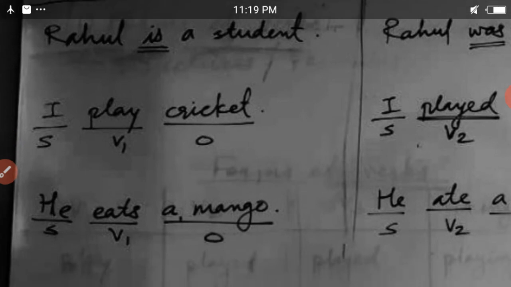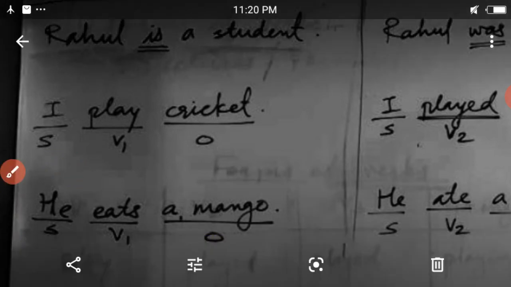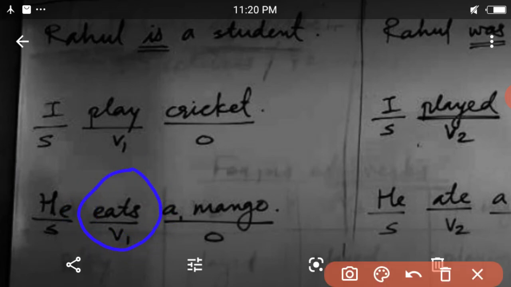Next example, he eats a mango. Here, he is the subject, eats is the verb, that is V1, and a mango is the object. Remember, as the subject is third person singular, the verb eat is written with s or es joined to the verb in simple present tense.